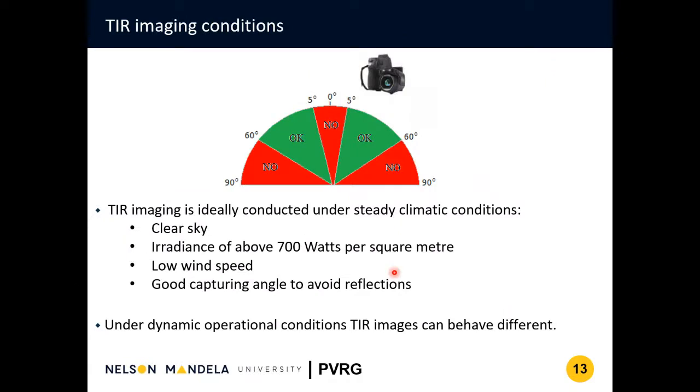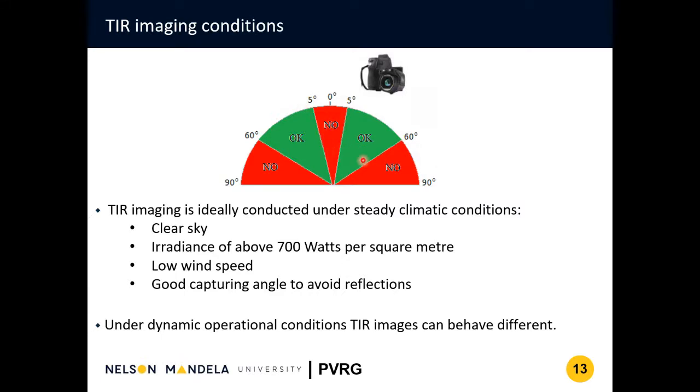So these are the conditions under which TIR imaging should ideally be conducted. That is low wind speed, irradiance of more than 700 watts per square meter, under clear sky, and good capturing angle.